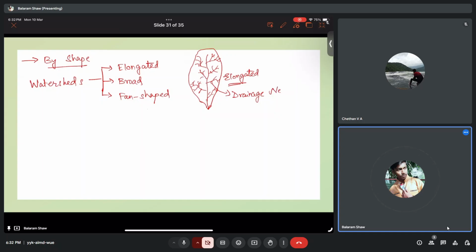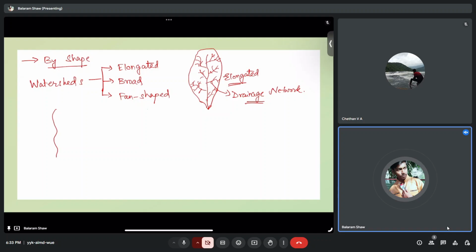Drainage network, correct? Now this drainage network can follow a few patterns that we have observed. Let's say the main stream is something like this, and the tributaries are joining at some acute angles, something like this, right?